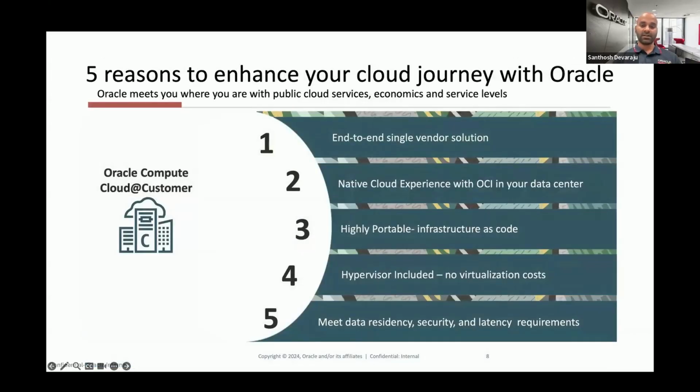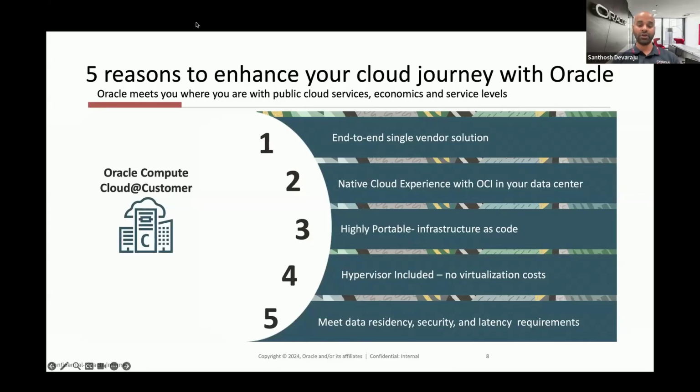Just to summarize the Oracle Cloud solutions, it's an end-to-end single vendor solution where you have all the capabilities which can help you in building your applications and transforming your applications from traditional to modern or modern to SaaS. At the same time, the solution which you are using on-premises or on the cloud is highly portable. So we provide all the open source Terraform APIs, which can help you codify your infrastructure, or you can call it infrastructure as code.